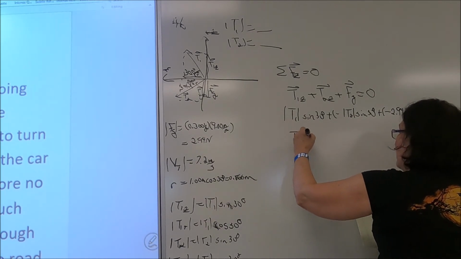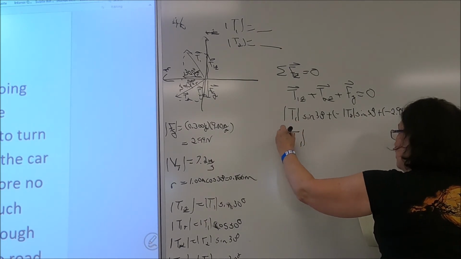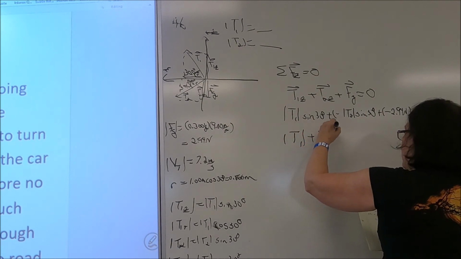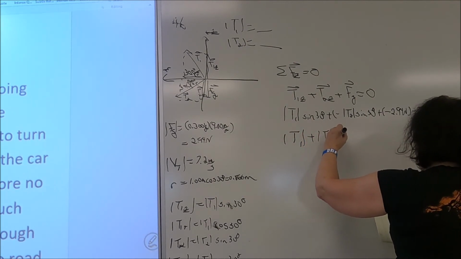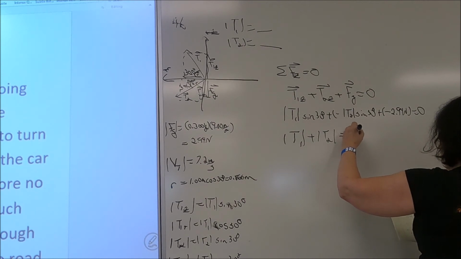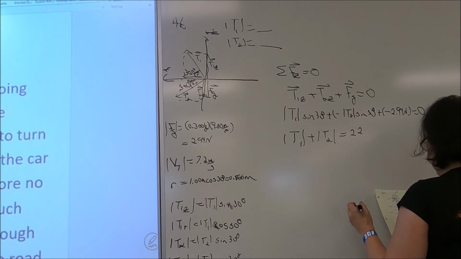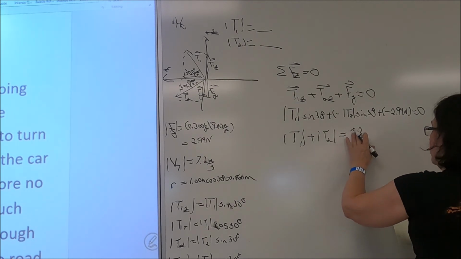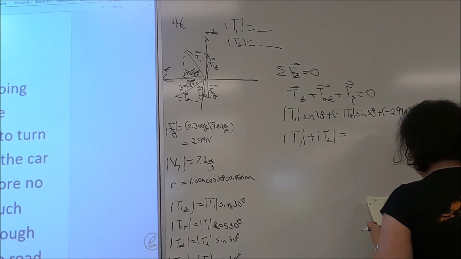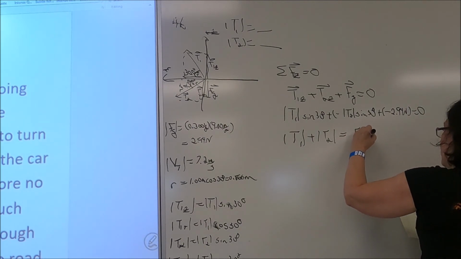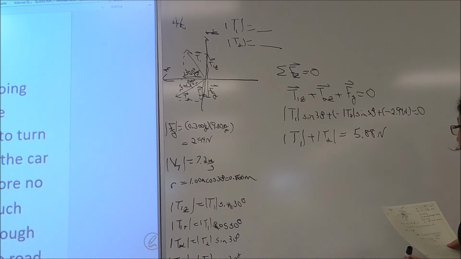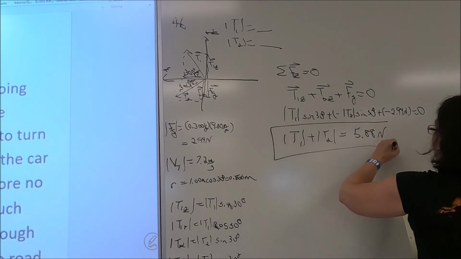I can simplify this down to magnitude of T1 plus the magnitude of T2 being equal to 5.88 newtons. Okay, so I'm going to box that in.